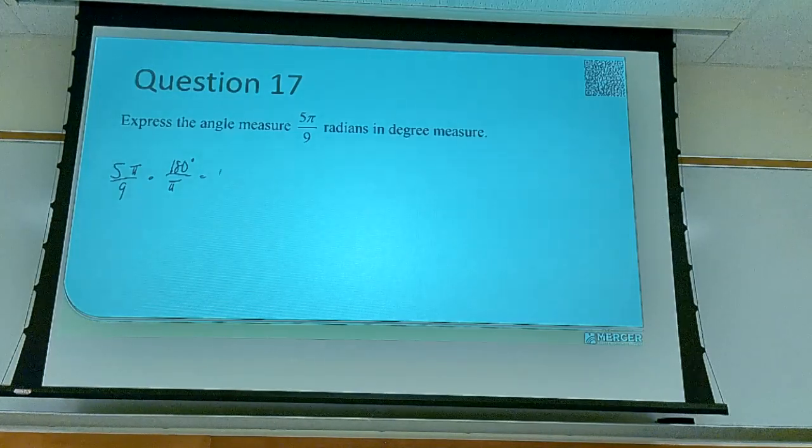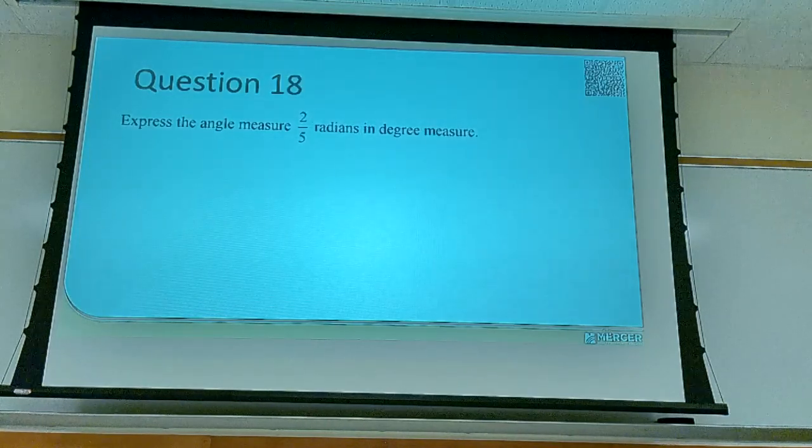Oh, times 5. 100 degrees. Two-fifths of a radian. I should probably fix that. That shouldn't be plural.